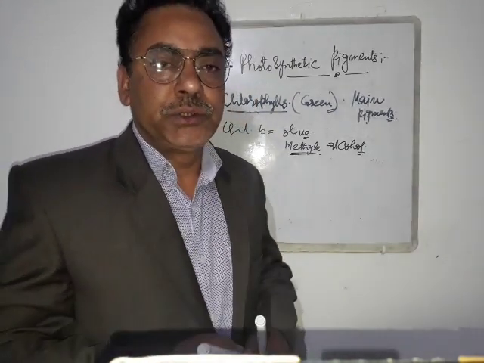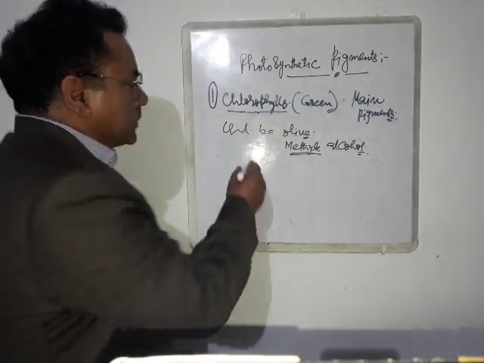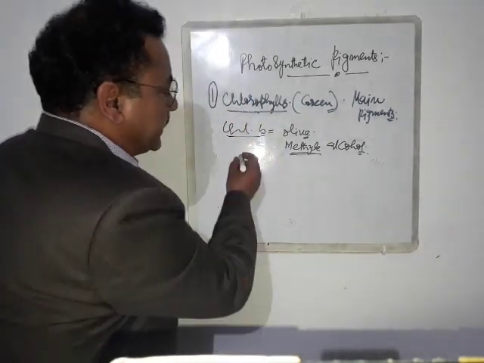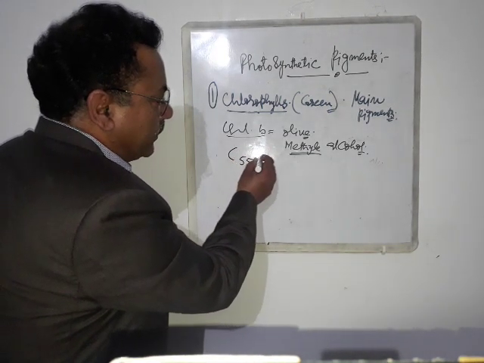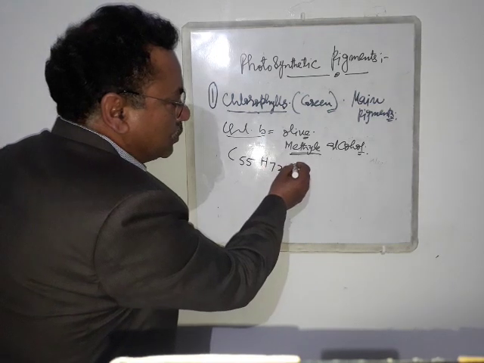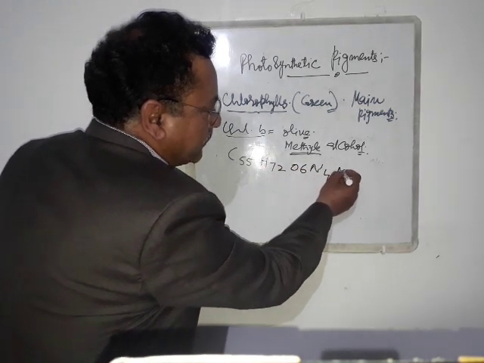In comparison to its solubility in other organic solvents. So chlorophyll B has an empirical formula of C55H72O6N4Mg.